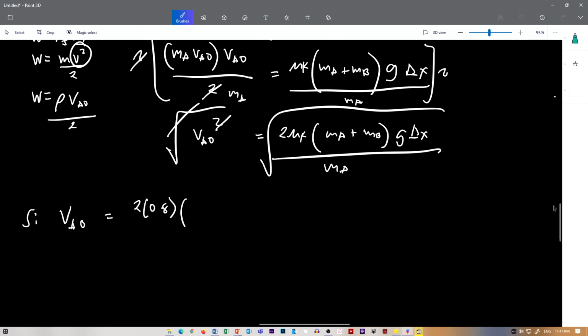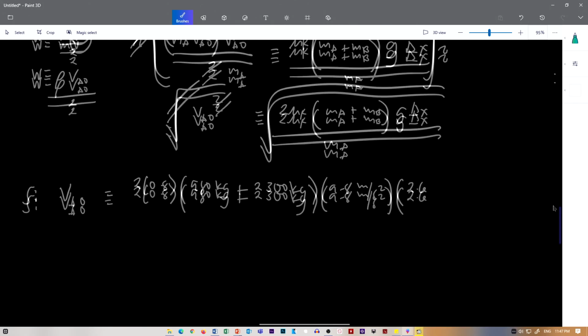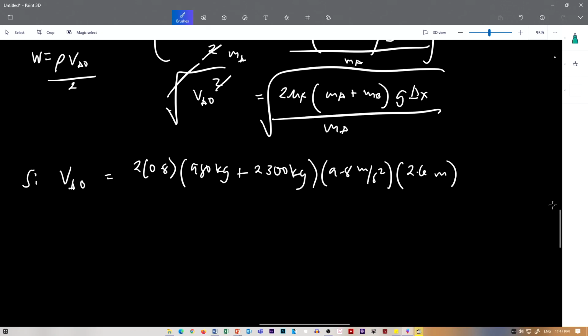So we have 980 kilograms plus 2300 kilograms multiplied by acceleration due to gravity, so that's 9.8 meter per second squared, multiplied by displacement, which is 2.6. Is that correct? 2.6. Okay, 2.6 meters. Okay, all divided by m sub a, which is 980 kilograms.